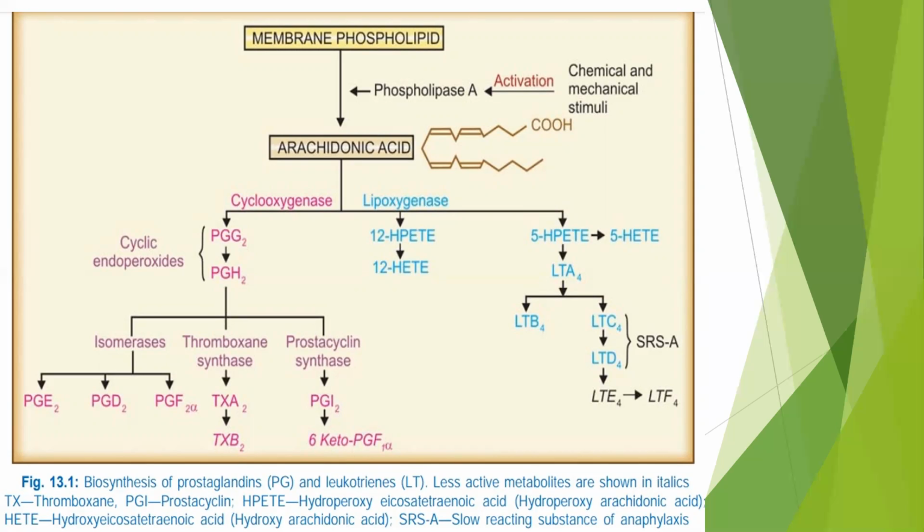Thromboxane synthase further converts it into thromboxane A2 and thromboxane B2. The 5-HPETE is further converted into leukotriene A4, and then A4 is further converted into leukotriene B4 and leukotriene C4. This is the synthesis of leukotrienes.